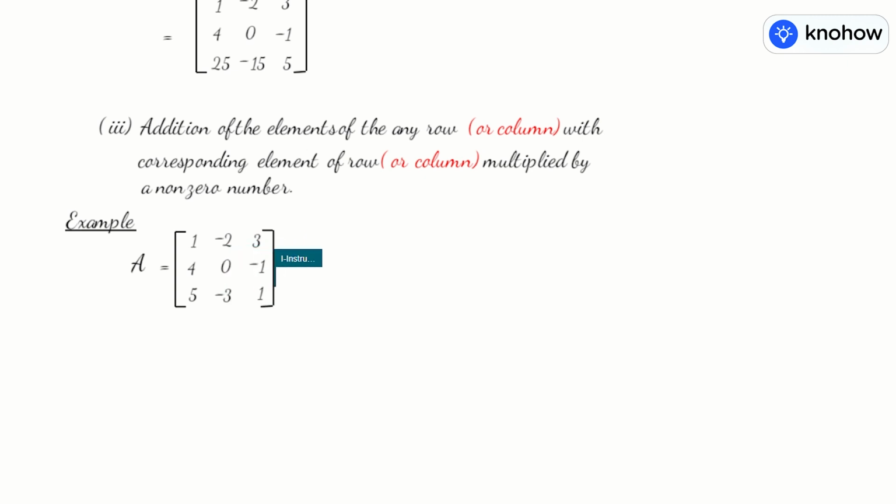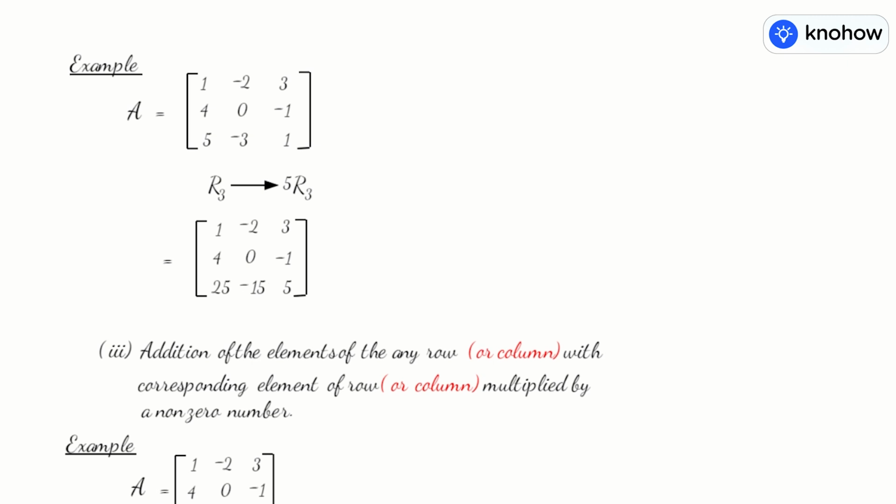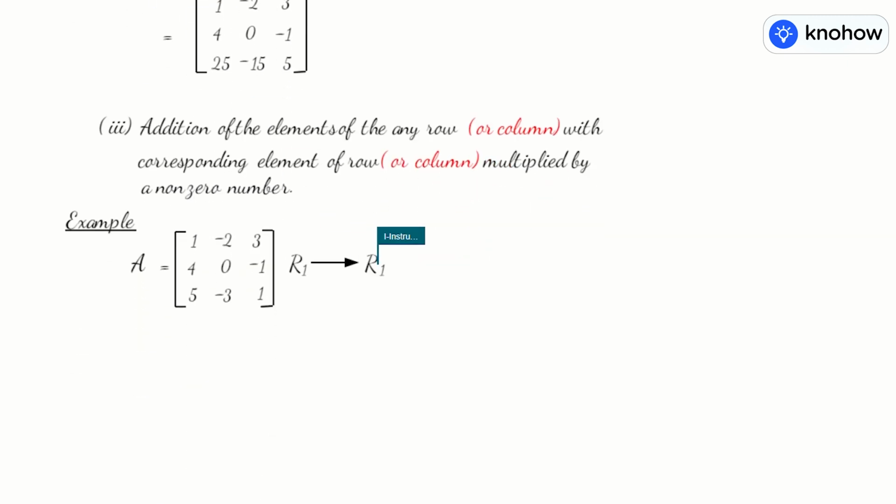Then, what do you mean by this instruction? R1 changes to R1 plus 3R2. After this instruction, the matrix will change to, means you multiply the elements of R2 by 3 and add to the corresponding elements of R1.